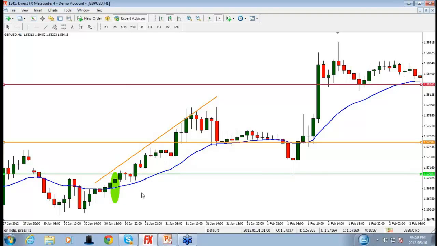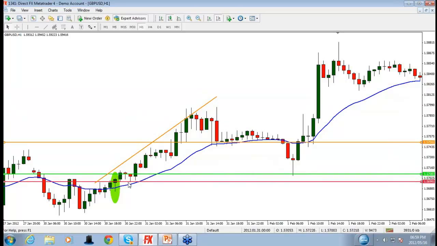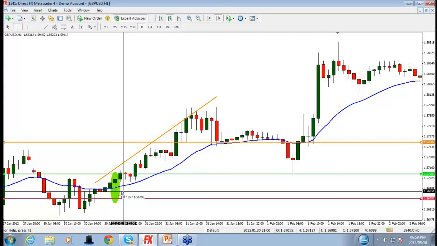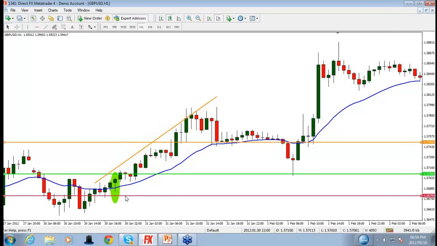Now, rule number 3, place a stop loss 5 to 10 pips below the low of the pin bar. Stop loss, this is my red line. So I'm going to move it 5 to 10 pips. I like to use 5 because I'm conservative with my risk, and place it right there roughly, and that's it. So now I determine where to place my take profit.